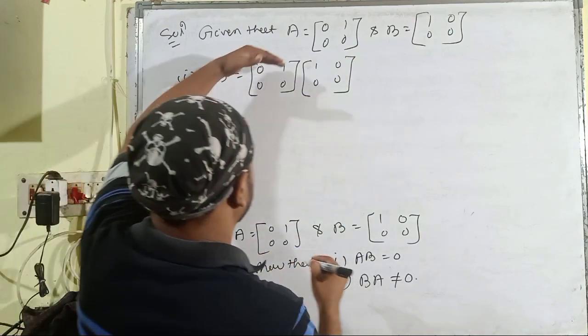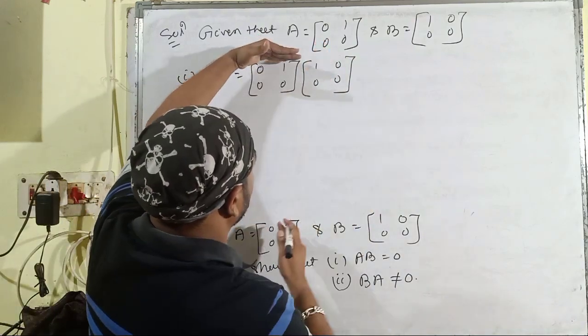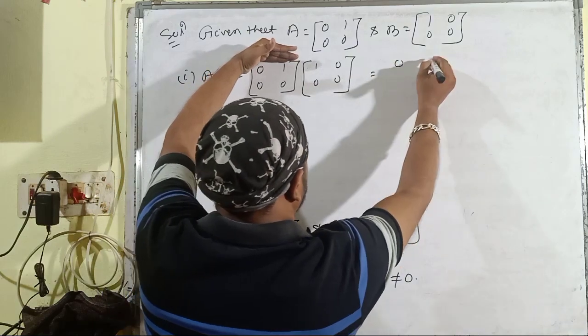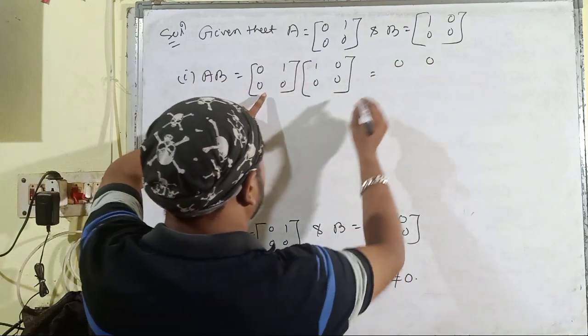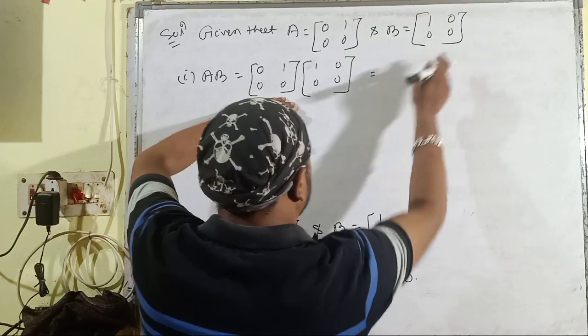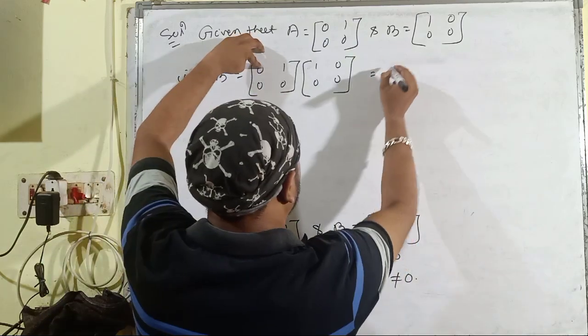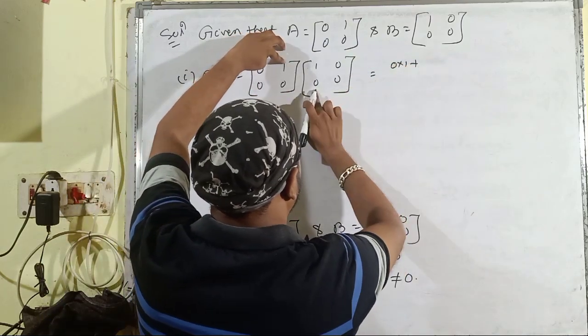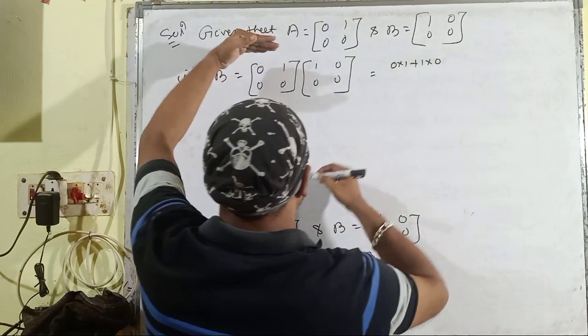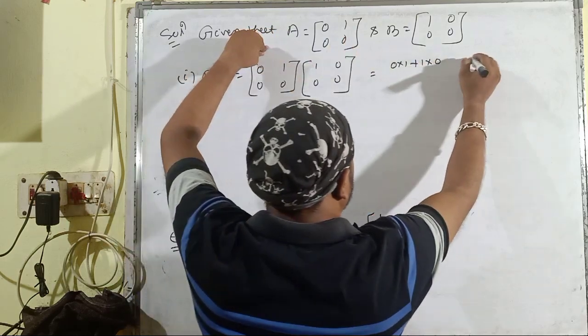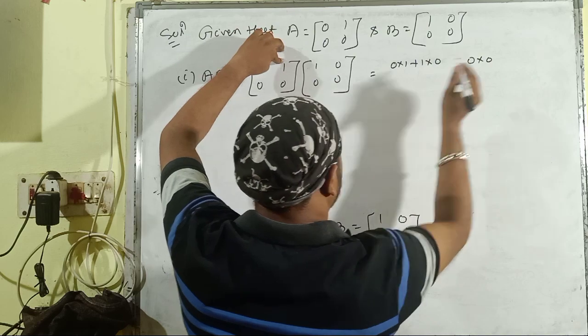Let us multiply these elements elaborately. First row, first column: 0 multiplied with 1 plus 1 multiplied with 0. Then 0 multiplied with 0 plus 1 multiplied with 0.